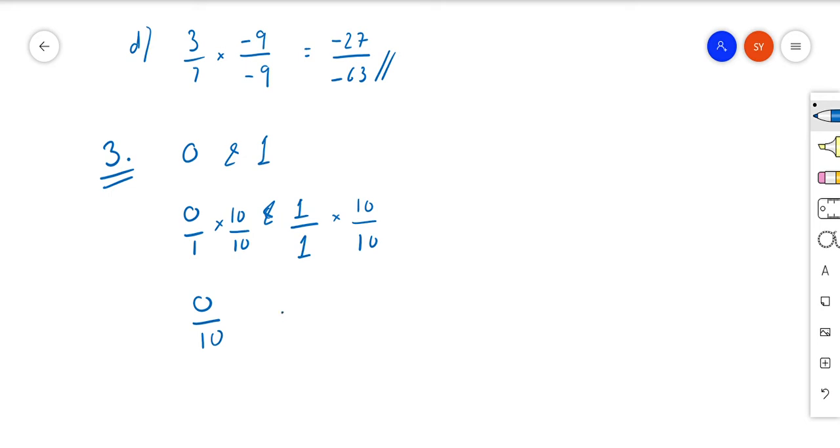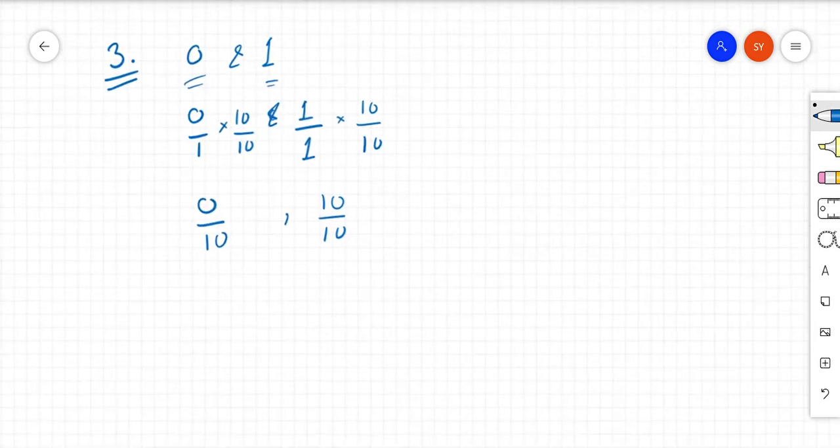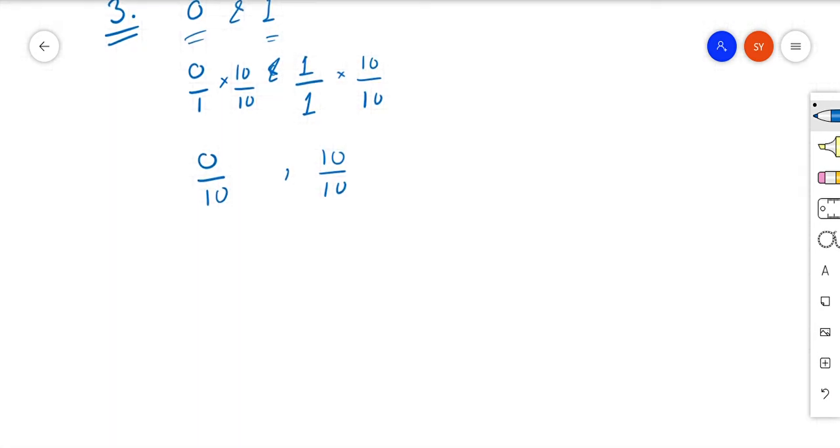So this is a non-standard form of these numbers: 0 by 10 and 10 by 10. The 10s will get cancelled and finally we will get the same number 1. But it makes it easier to find the rational numbers between 0 and 1.